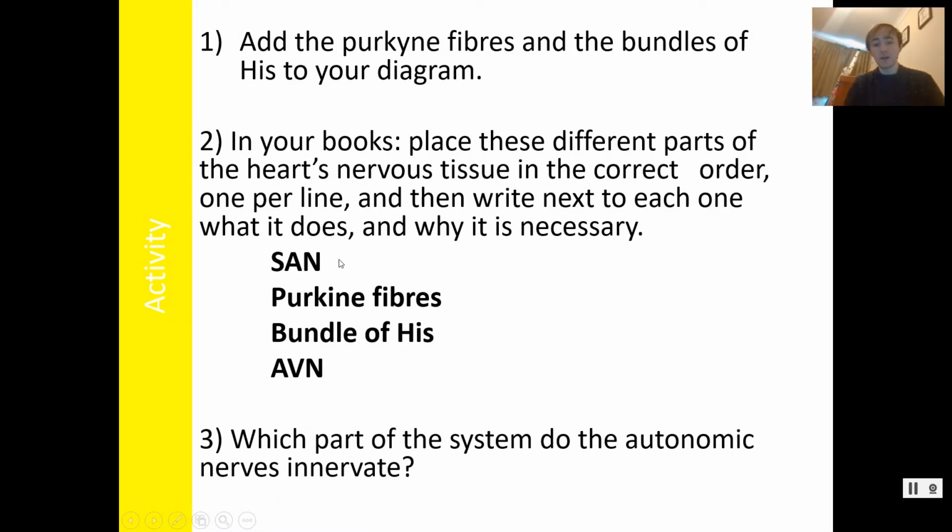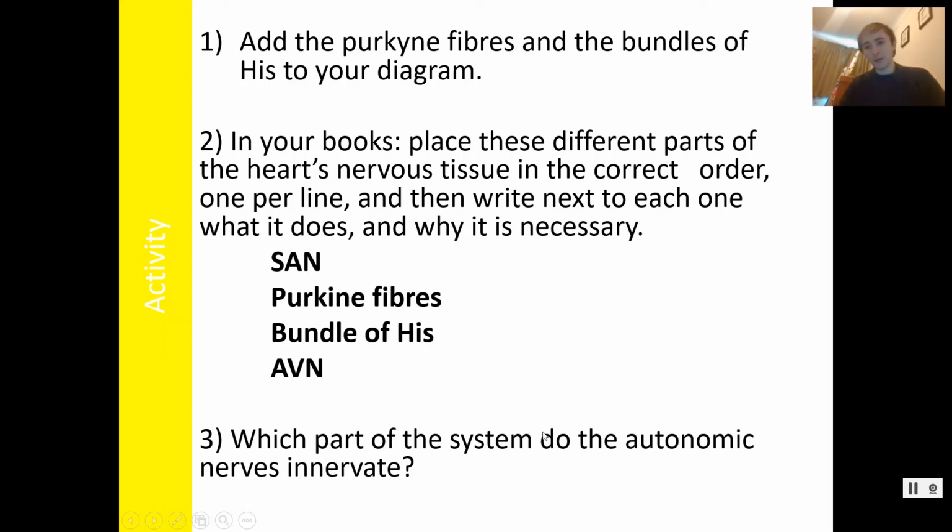You should put the SAN first, saying that it sends an electrical impulse across the atria, then the atrioventricular node, which slows down the electrical signal and passes it onto the bundle of His, which transports the electrical impulse down the septum, then the Purkinje fibers, which send the electrical impulse up through the ventricles. And which part of the system do the autonomic nerves innervate?